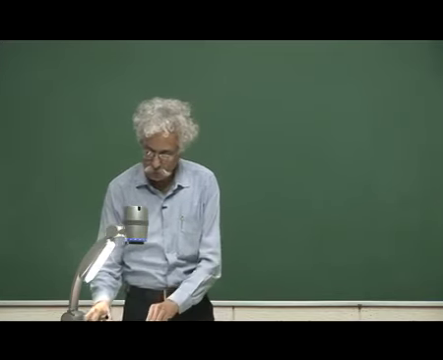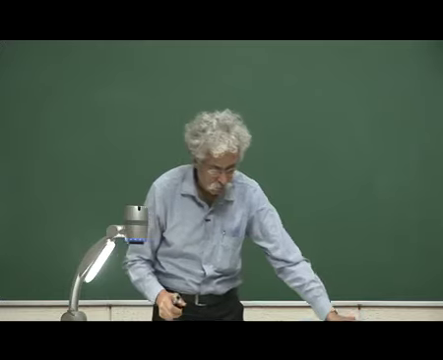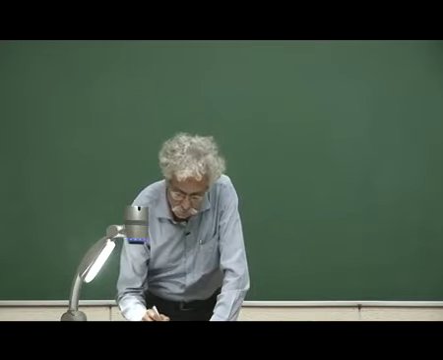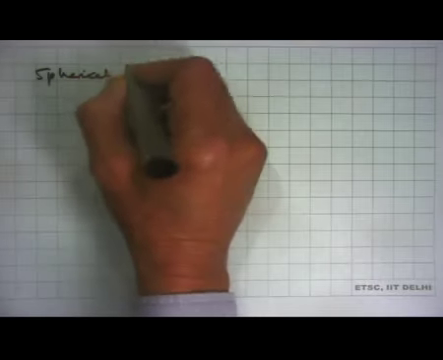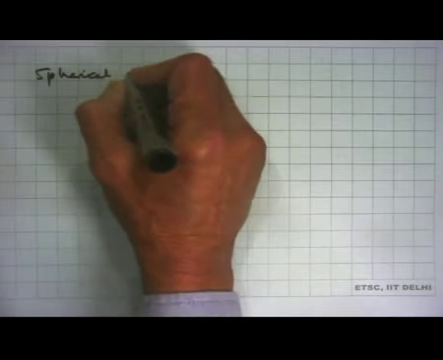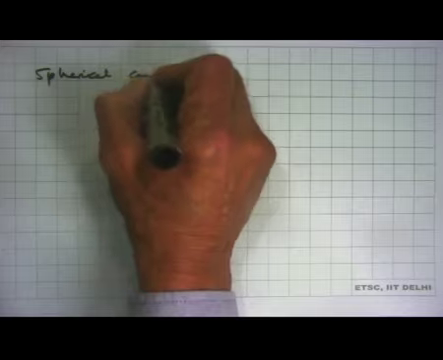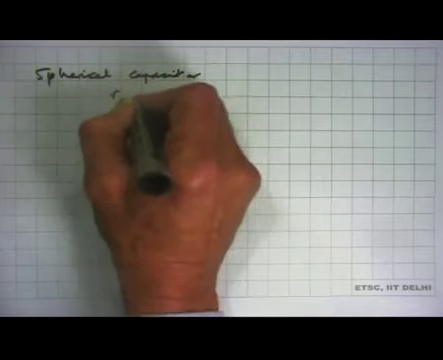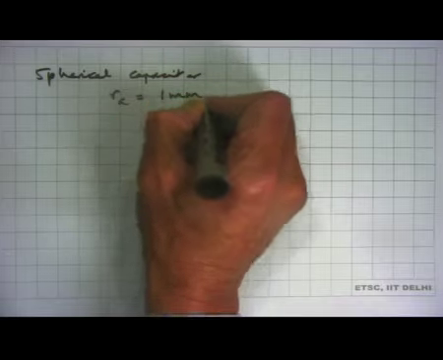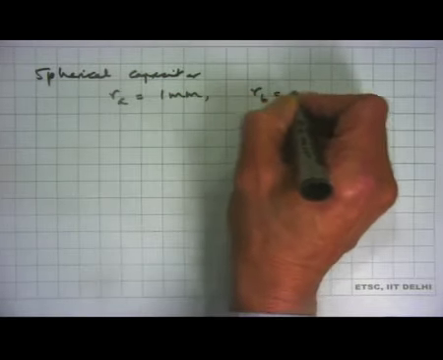So, as an example, let us look at a spherical capacitor with R A equal to 1 millimeter and R B equal to infinity.